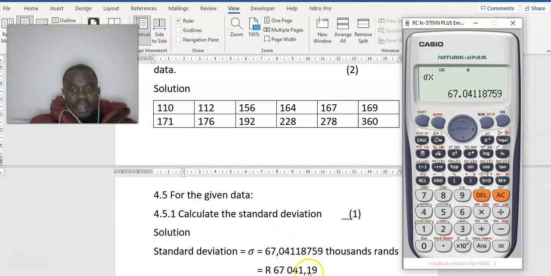So it's going to be 67,041 rand 19 cents. It's supposed to be in 2 decimal places. This 7 is more than 4, so you add 1 to this one to be 19.